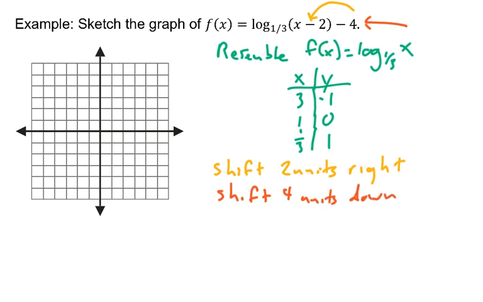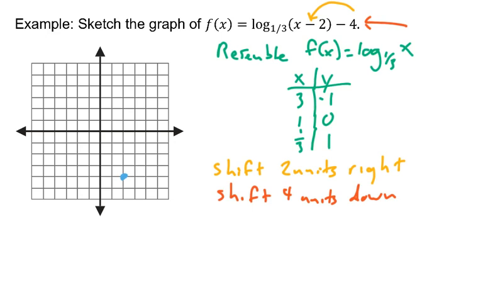So like in many graphs we've done, and like the one we just did, imagine the origin and where the origin shifts. My origin's ordinarily at the origin, but if I shift it 2 units to the right and 4 units down, that puts me right here. And the asymptote structure will go with it.